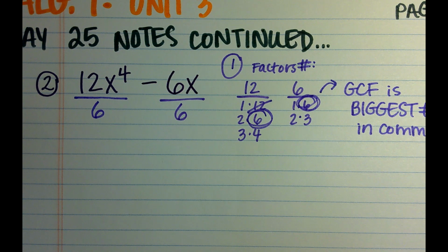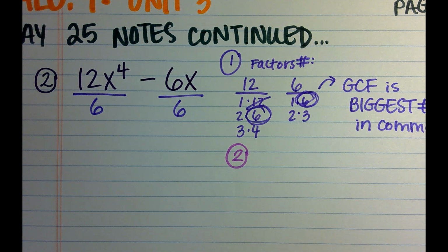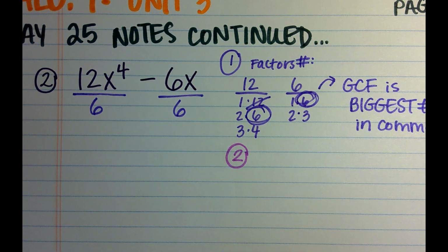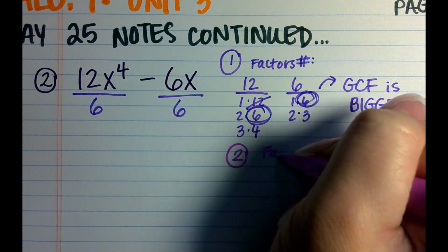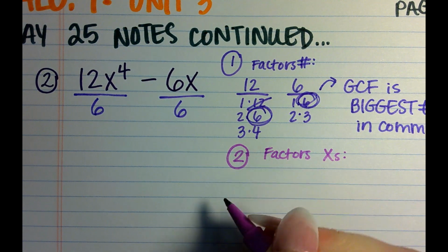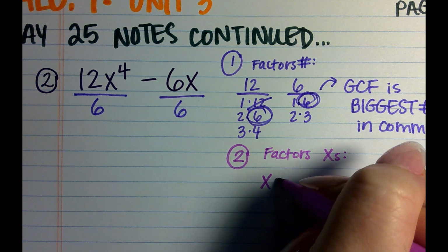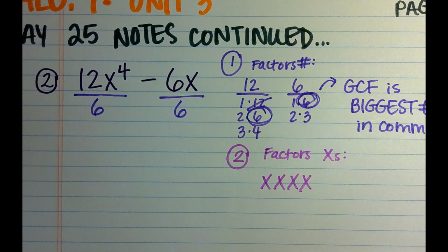So the first step is done. We've looked at our number factors. Now let's look at our x's. How many x's do I have in my first term? 4. So I'm going to write here, factors of x's. 12x to the 4th power has x, x, x, x, 4 x's.